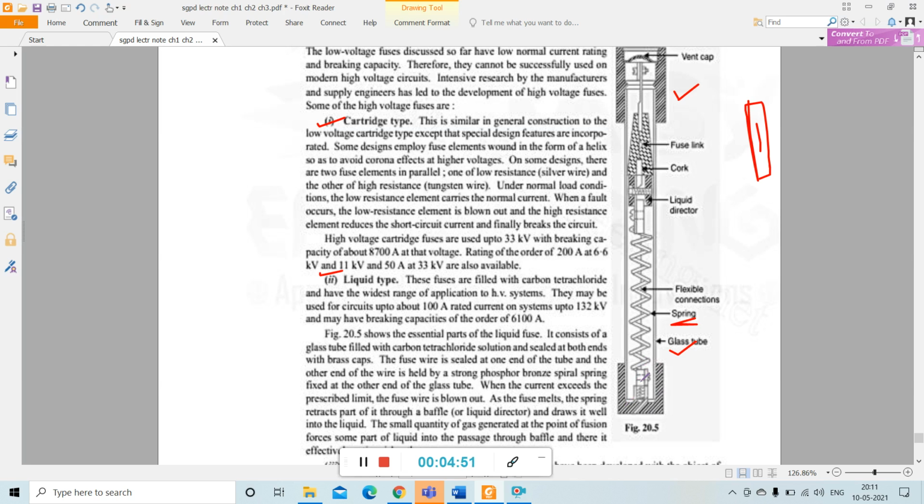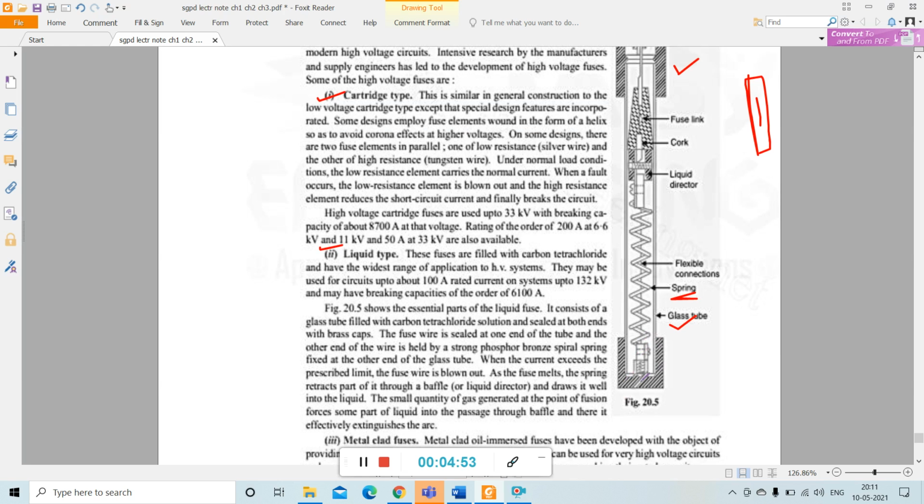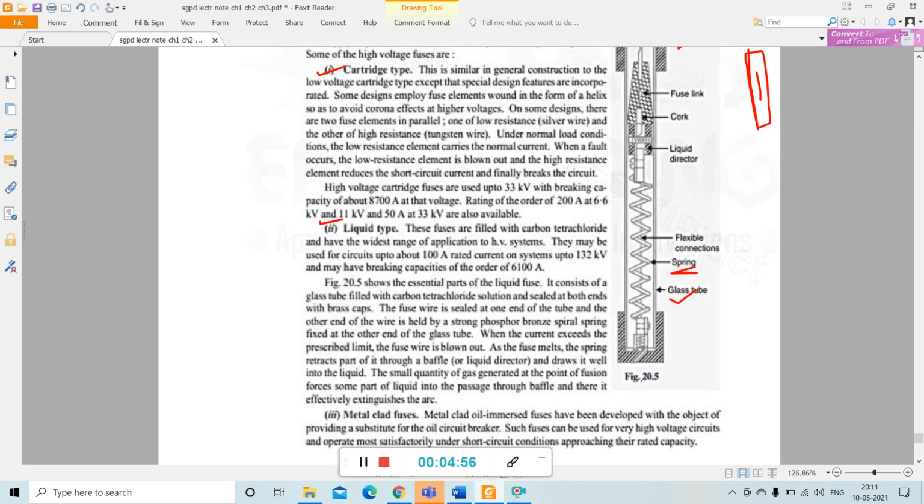When current exceeds the prescribed limit, the fuse wire is blown out. As the fuse melts, the spring retracts part of it through a baffle or liquid director and draws it well into the liquid. This is filled with carbon tetrachloride liquid.